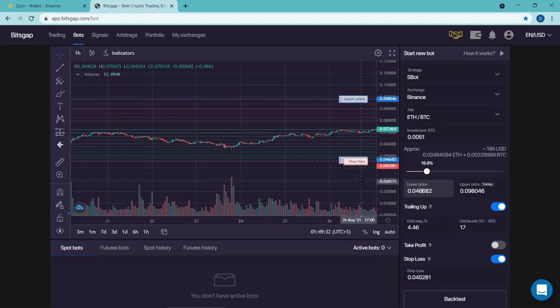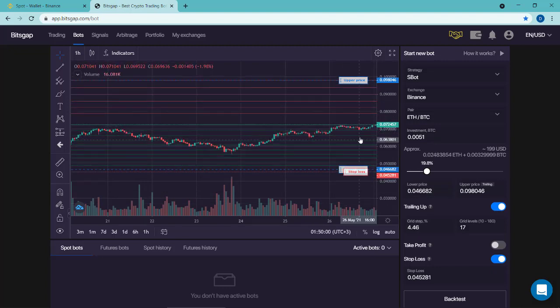So for the price range, we're accepting the default values, because as I explained, we're assuming that somebody doesn't know much about trading, and also that they don't want to go into too much detail of trying to change the settings from the default settings. Right, the grid step, that's the percentage in between each grid line relative to the value of, in this case, Ethereum.